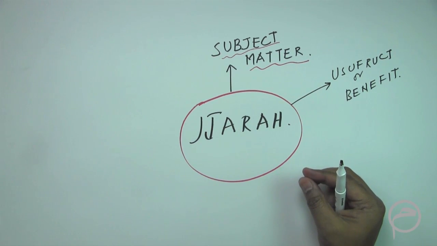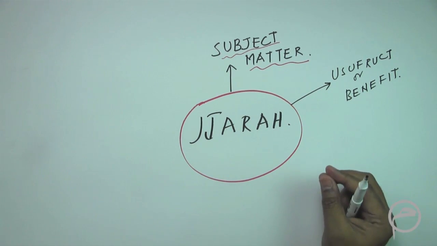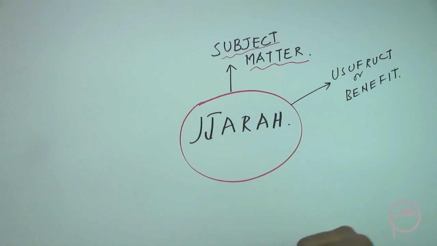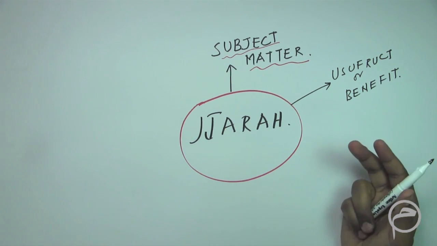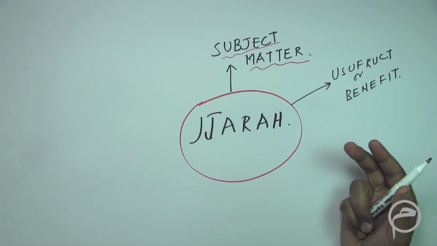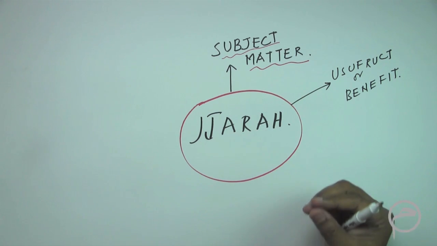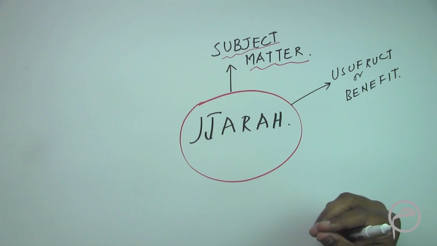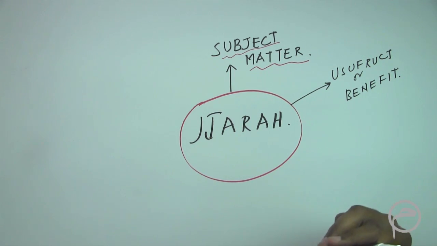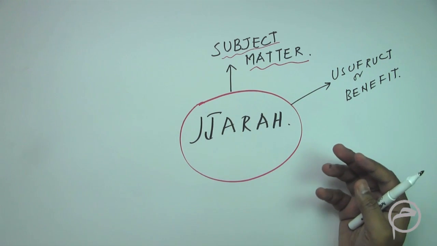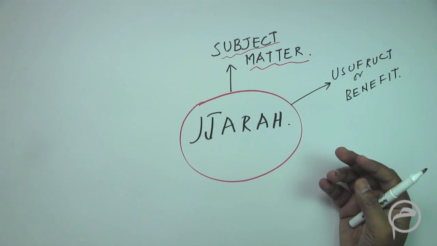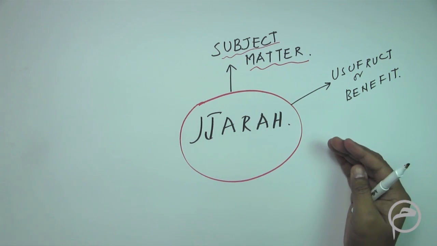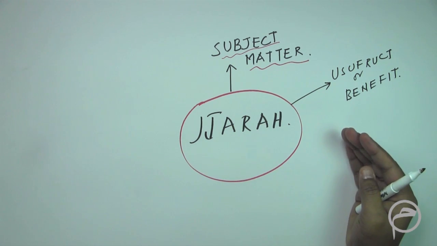So meaning to say, for example, a barren piece of land cannot be leased because there's no benefit in a barren piece of land. So there has to be certain benefit in the asset when that asset is being put into an Ijara transaction, or that asset is used to build an Ijara transaction.